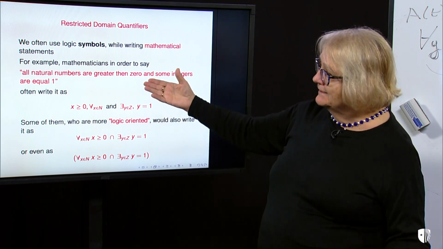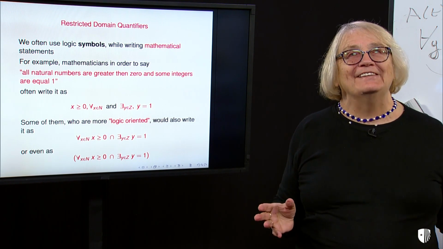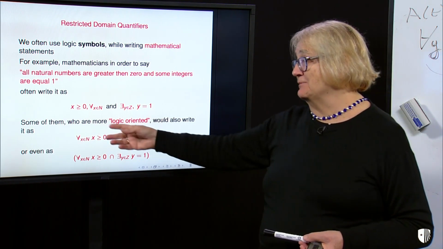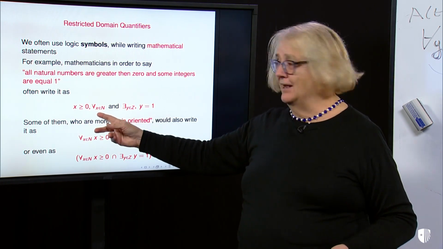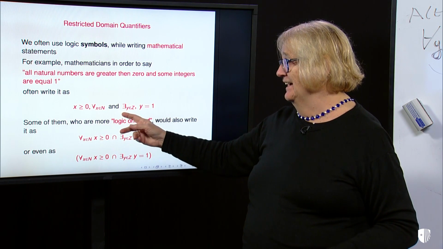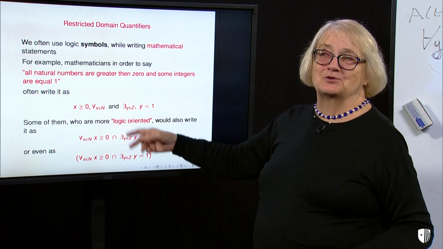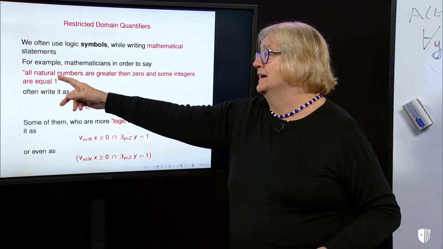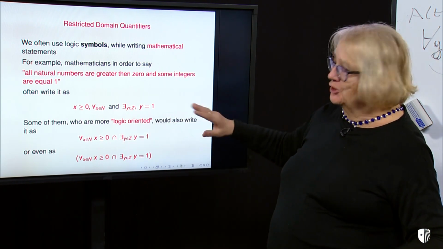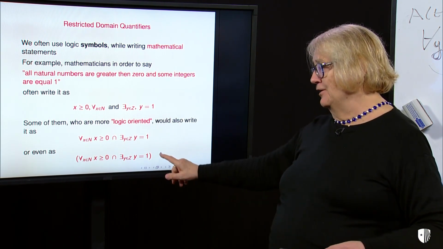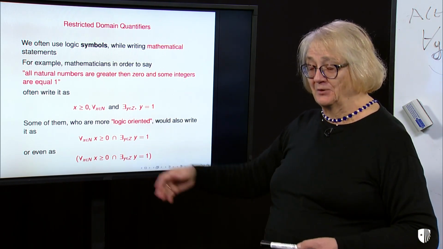And that's my pun on not logic-oriented mathematicians. A mathematician would write x greater than 0 for x in N, and there is y in Z, so they just use those symbols for 'for all' and 'there is'. More logic-oriented people would write it like this, because now you know the logic formula with restriction and so on.